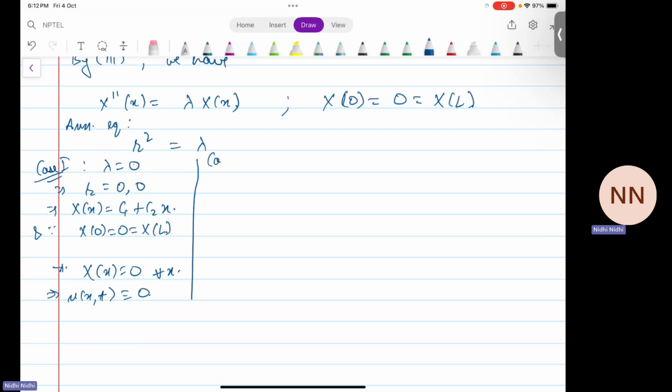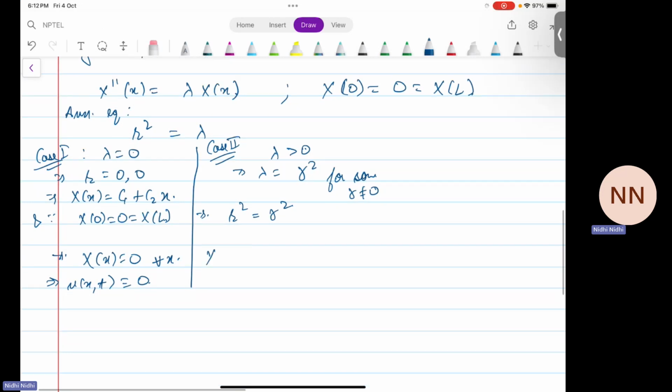So case 2, when lambda is positive, that means lambda is equal to some gamma squared for some gamma non-zero. That will give us r squared is equal to gamma squared, which implies r is equal to plus minus gamma, and in that case we know that the function X is given by c1 e to the power gamma x plus c2 e to the power minus gamma x.